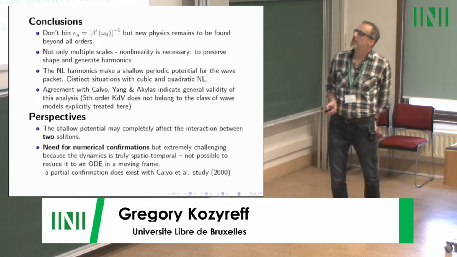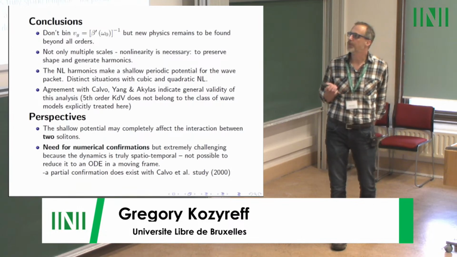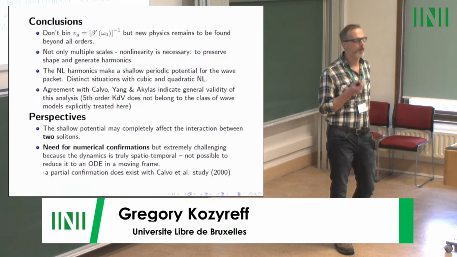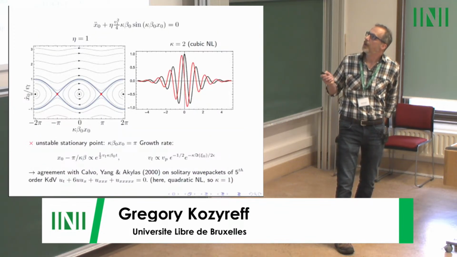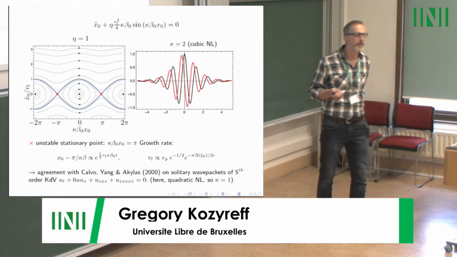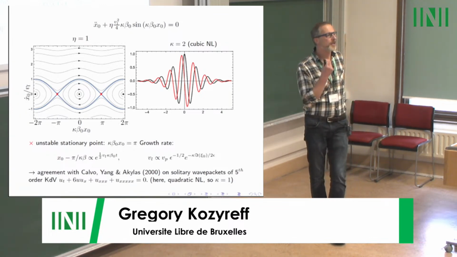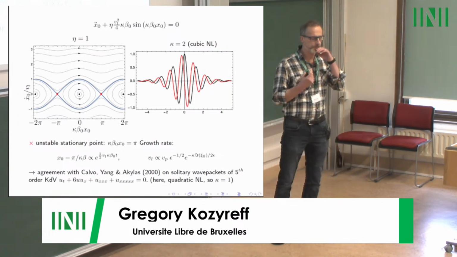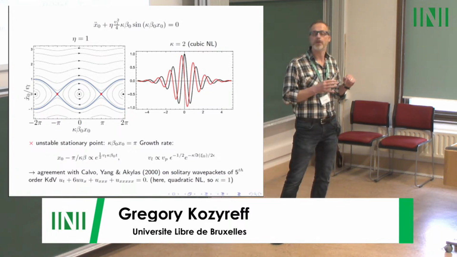Okay, that's pretty much what I wanted to say, but I also want to mention that there are other perspectives about this. The equation for the soliton is that of a pendulum subjected to a periodic potential, basically. So there is like a periodic potential force sensed by the amplitude of the wave packet.